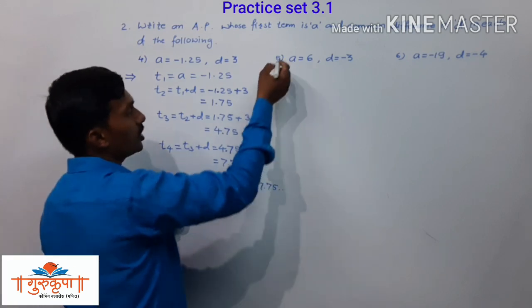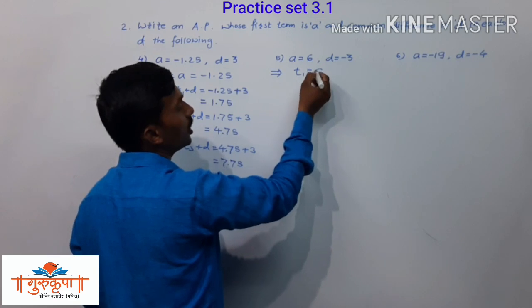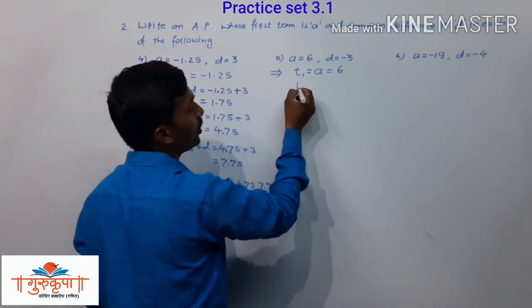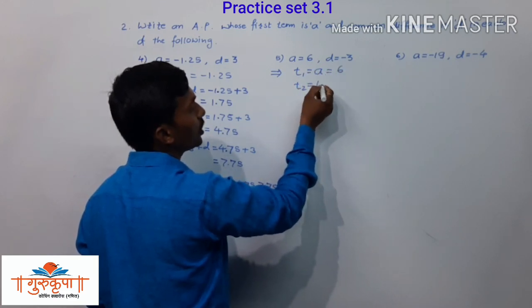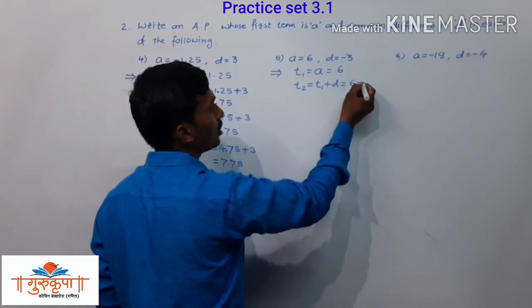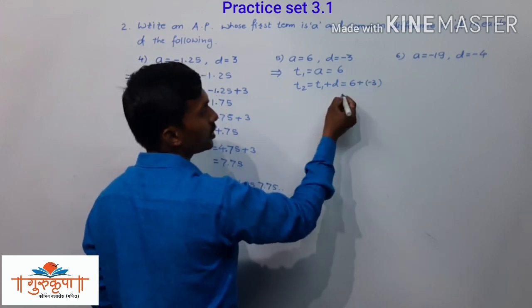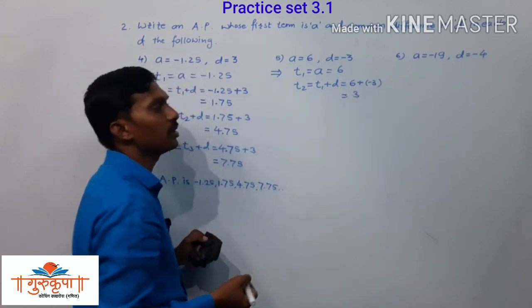So here example number 5, T1 is equal to A, that is equal to 6, T2 is equal to T1 plus D, this T1 is 6 plus D is minus 3 and this is 6 minus 3 is 3.